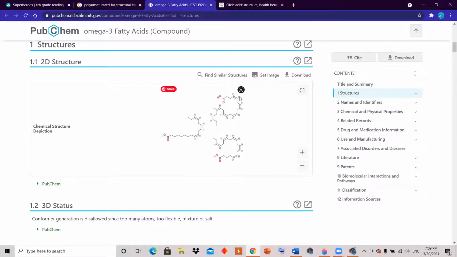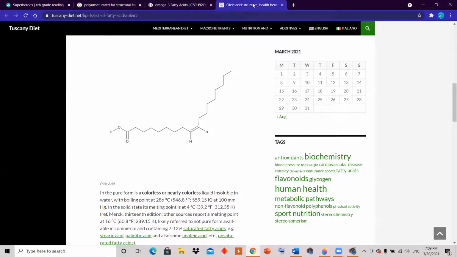Each double bond is bending, so much so that it has turned into a circular shape like that. You get my point, right? So the more the double bonds, the more the bending of the chain, and therefore they cannot stack on top of each other. Some of you got the point?